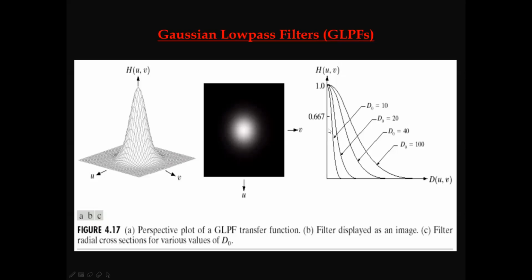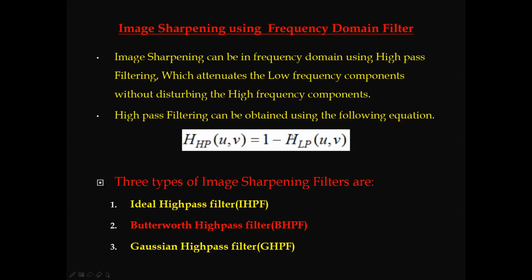And these are the perspective plot and the image of a Gaussian low pass filter and the radial cross sections of the Gaussian low pass filter for various values of D0: D0 equal to 10, 20, 40, and 100.